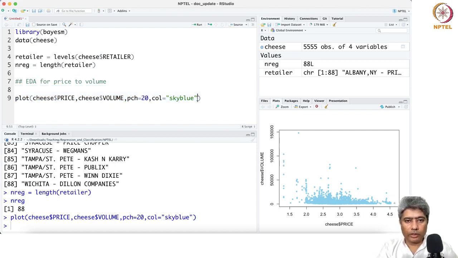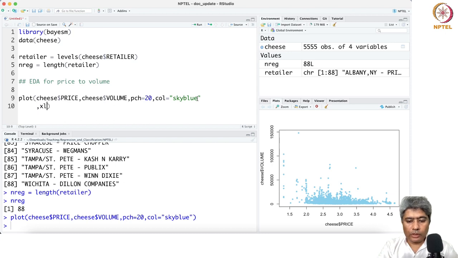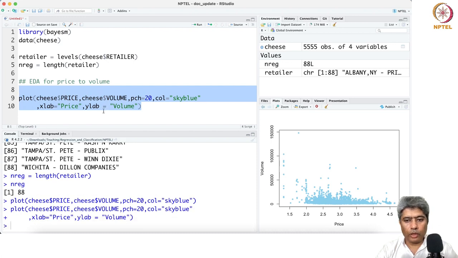Then xlab equal to price and ylab equal to volume, or unit sales, the number of unit sales that has happened. Okay, let me just run it.